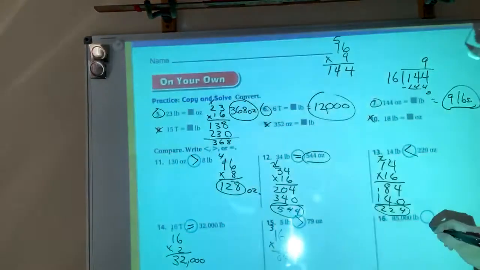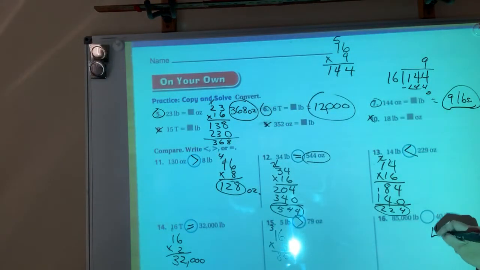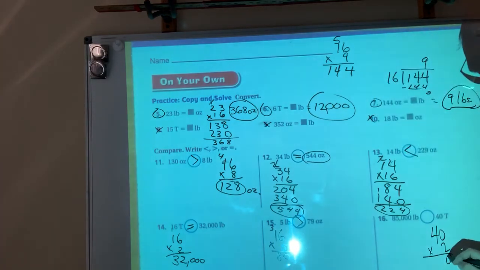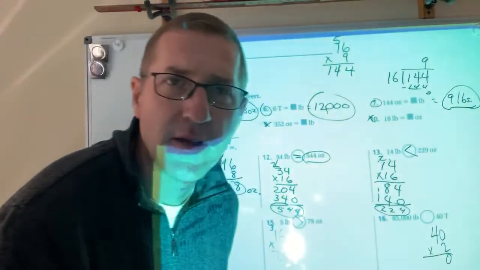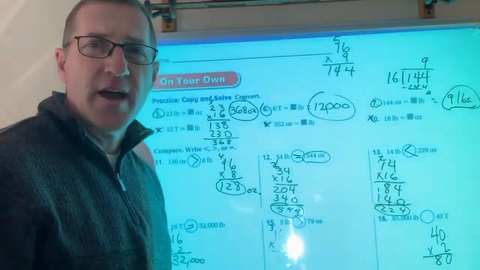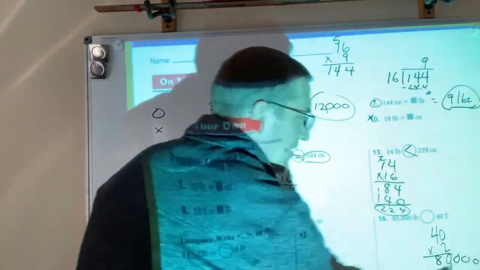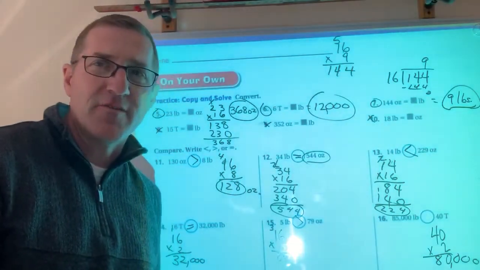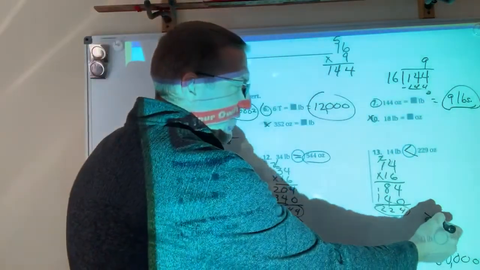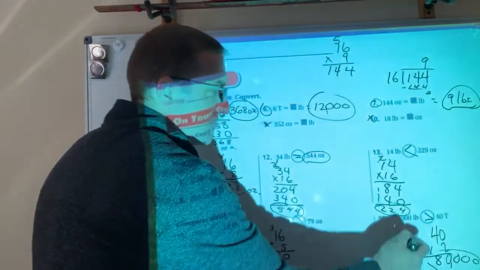All right, so times 2. 40 times 2. 2 times 0, 0. 2 times 4, 8, right? And then how many zeros do I add? 1, 2, 3. I got 80,000. How many of you saw that as 80,000 before we even got going? Probably a good many of you, right? So 85,000 is bigger than 80,000.